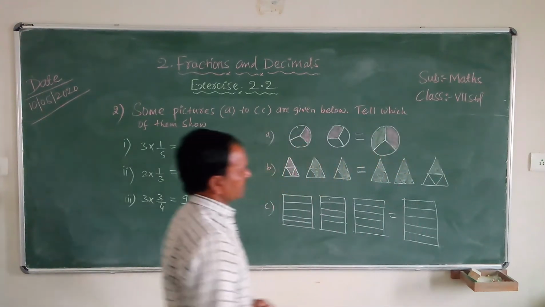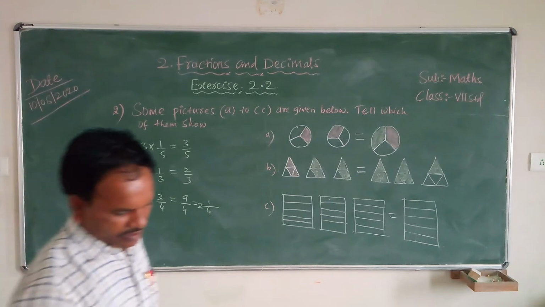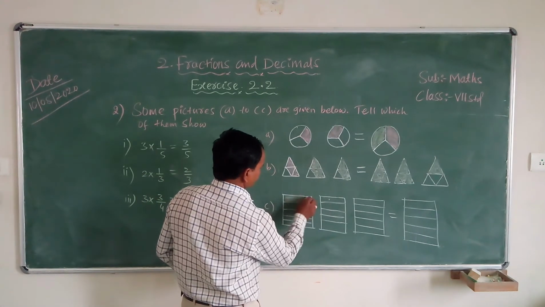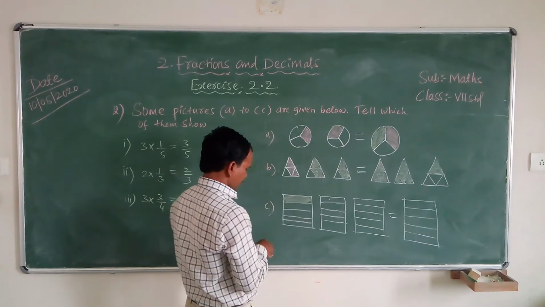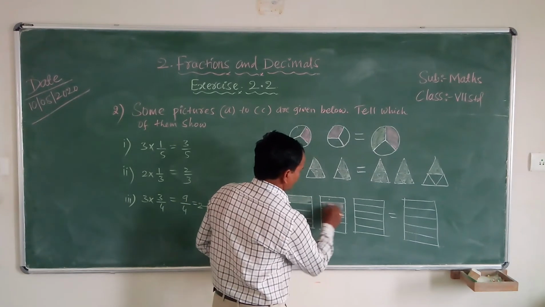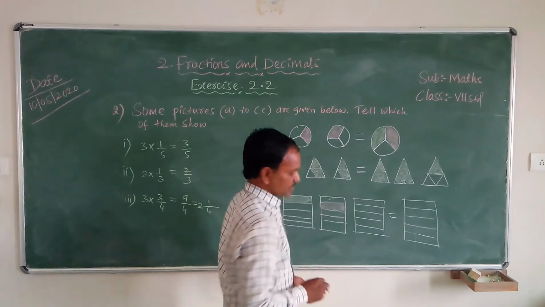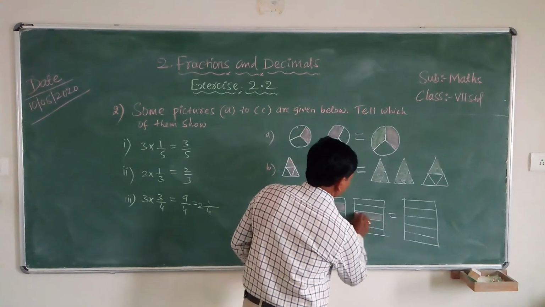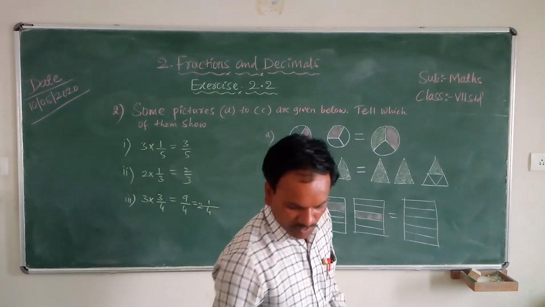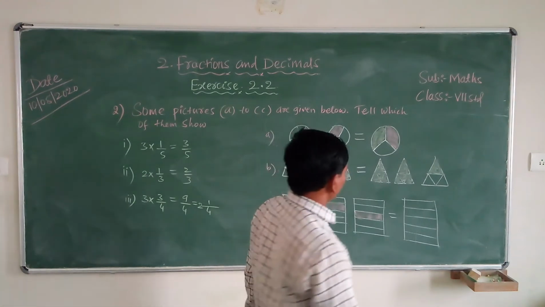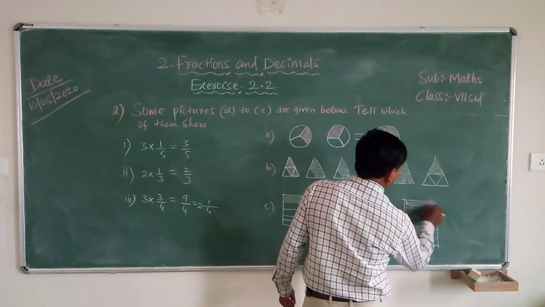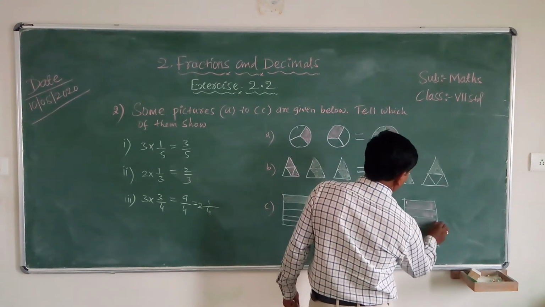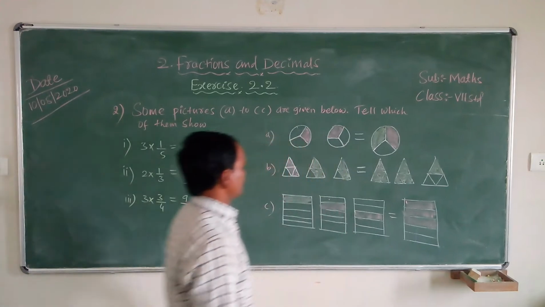So shaded portion, like this shaded portion is there. Next, here one shaded portion is there. Second one shaded portion is there. Third shaded portion is there. That is equal to 3 shaded portions, 1, 2, 3. So like the second portion.